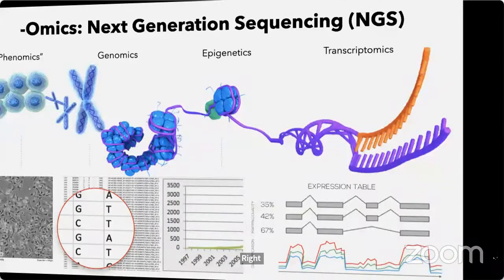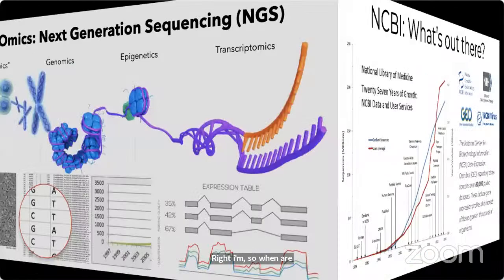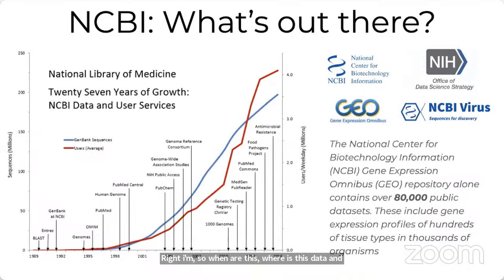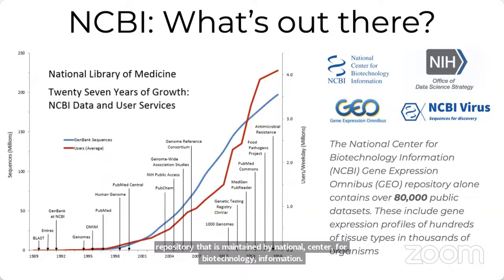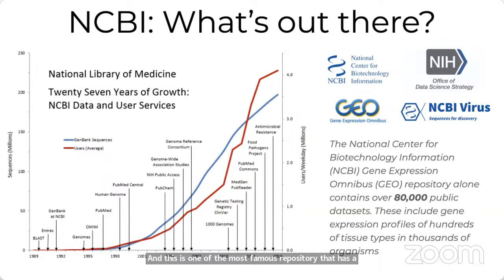So where is this data, what's out there, and is such data available for everybody to access? The short answer is yes. As part of biological research, we have been extremely familiar with one such repository, maintained by the National Center for Biotechnology Information. It is one of the most famous repositories, with a collection of peer-reviewed articles, biological data sets, and projects on various topics.